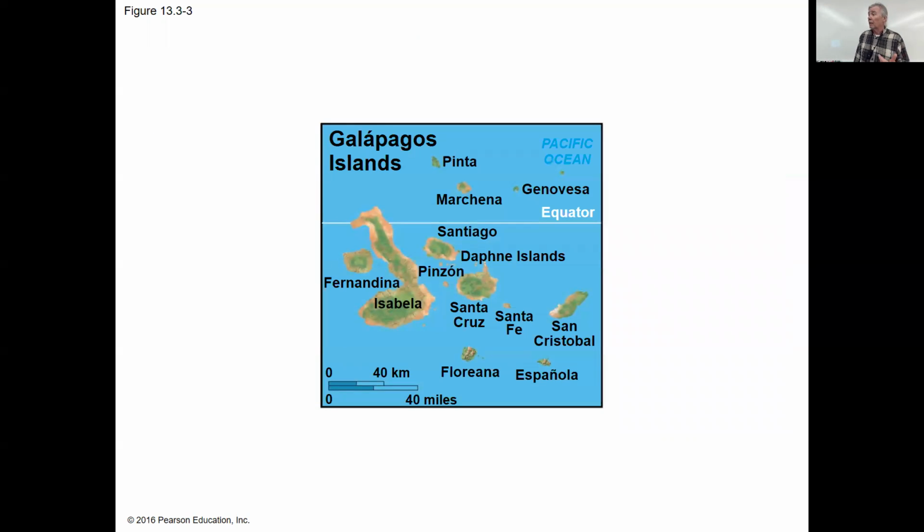I visited them a long time ago, and he noticed such strange organisms there that didn't exist anywhere else, but they had similarities to the South American organisms, but they were still really different. And each island had a different, like the tortoises. Each island had a tortoise that was slightly different. And why would that be?